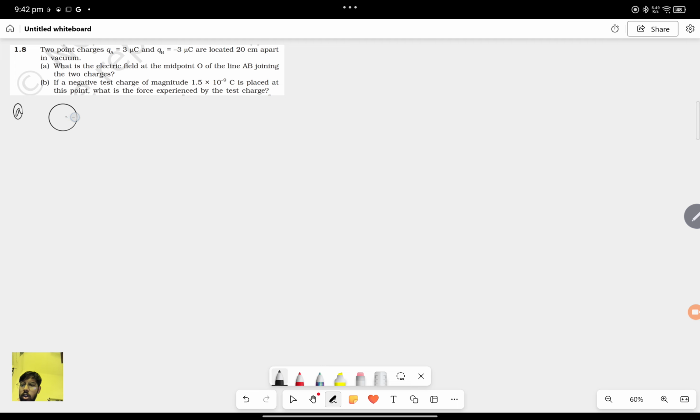So this is the diagram as the whole thing is behaving, and this is QA and this is QB.